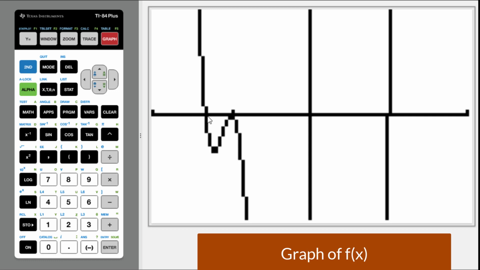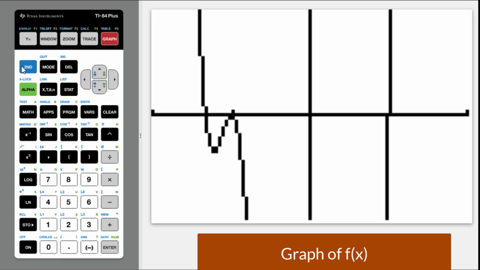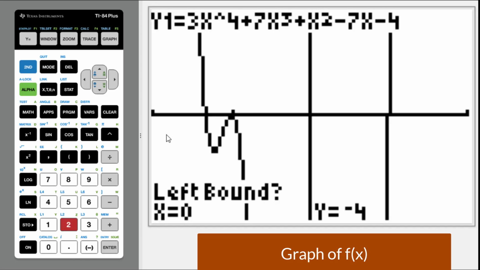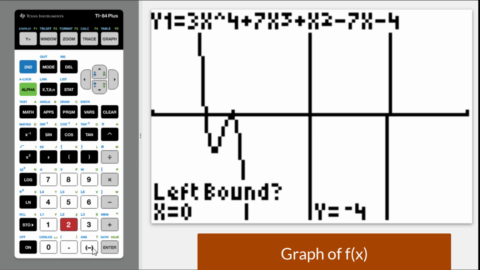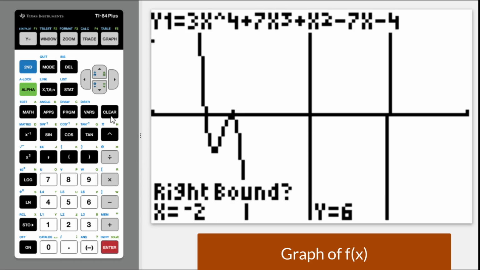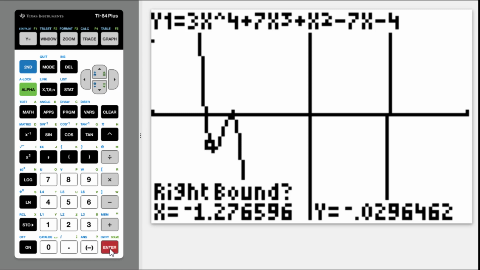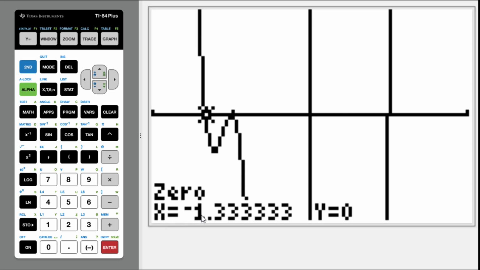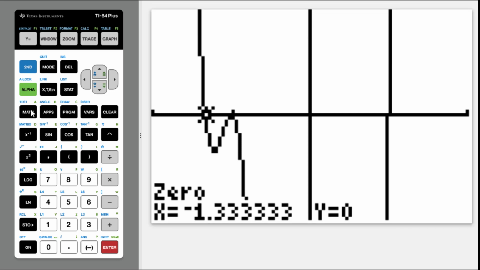Let's figure out this 0. Second trace, 0. This is -2. So let's put the -2 as left bound. Then move the arrow, enter, enter. We know this x is a rational number, so we quit.